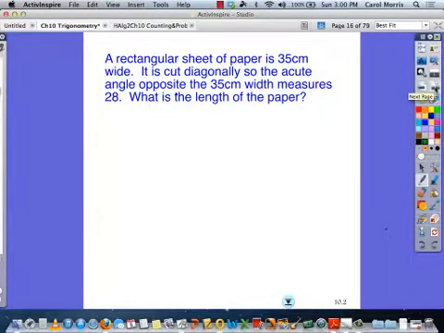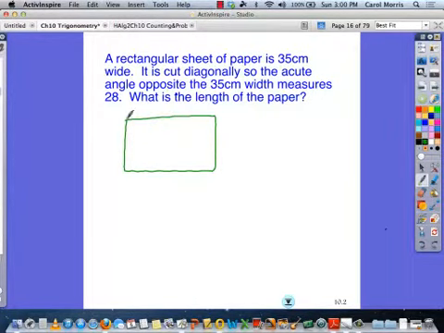All right, so if we have a rectangular sheet of paper, so start thinking about your rectangular sheet of paper. We will draw and label it, and I would highly recommend you do that. It's 35 centimeters wide. It's cut diagonally. So there's the width of our paper. It's cut diagonally, so the acute angle opposite the 35 measures 28.